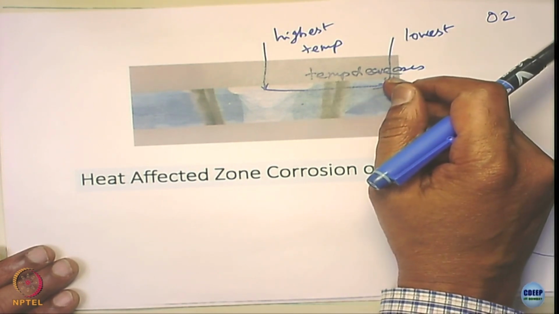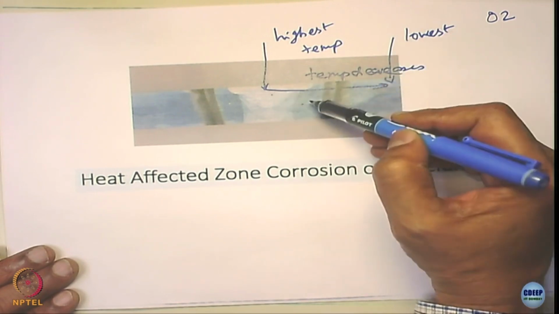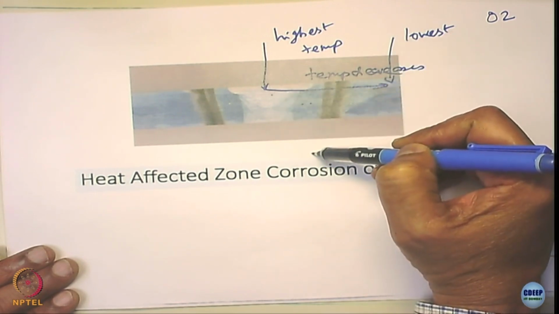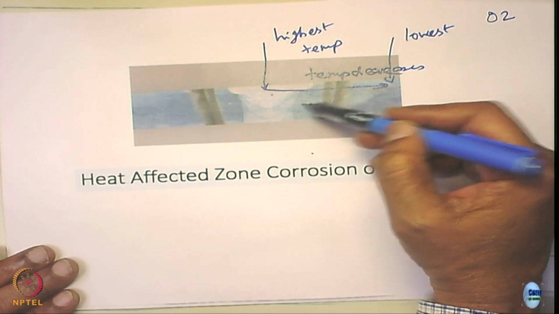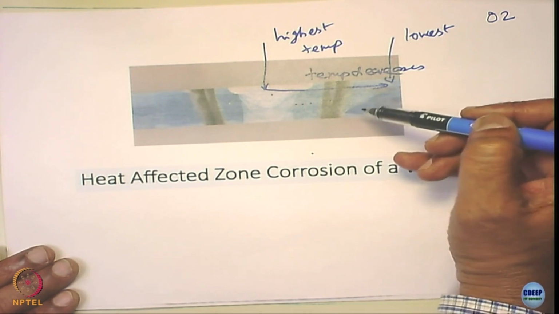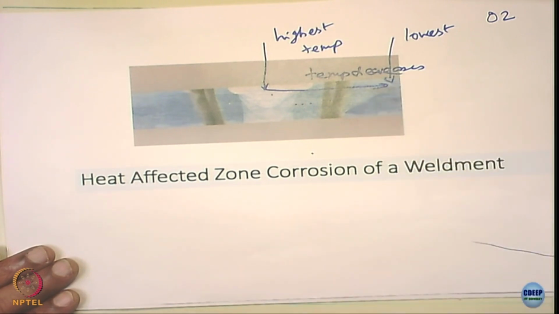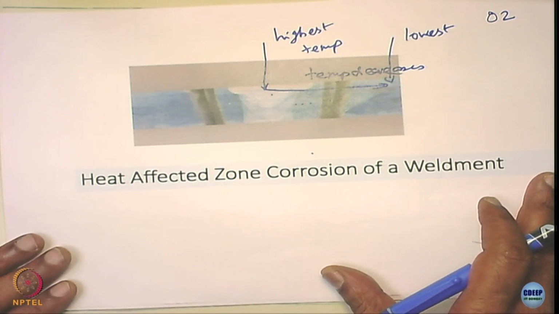Now we need to understand why it happens here, why not here. Also, we need to understand why it can move towards left, can it move towards right. If so, what happens? That means you need to understand clearly what governs the formation of the weld decay zone. That is very important for us.